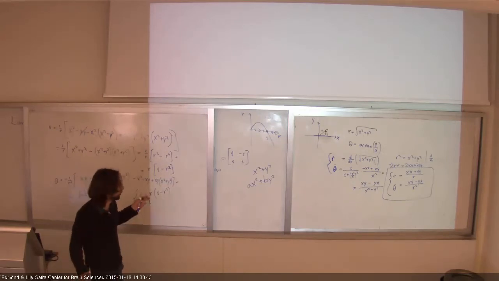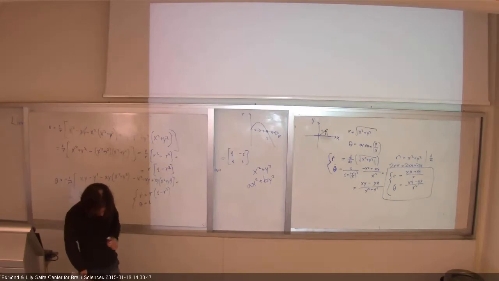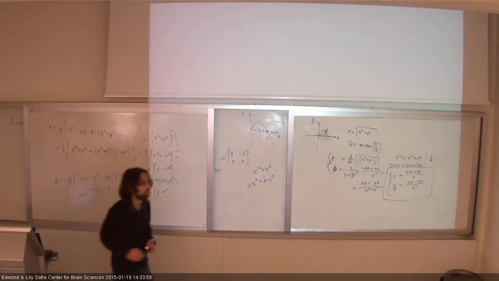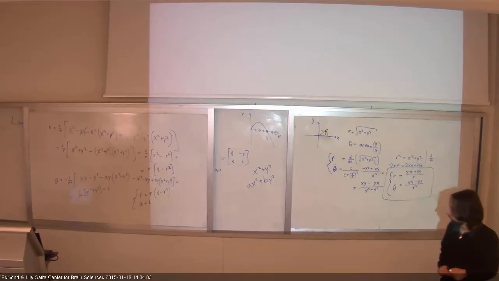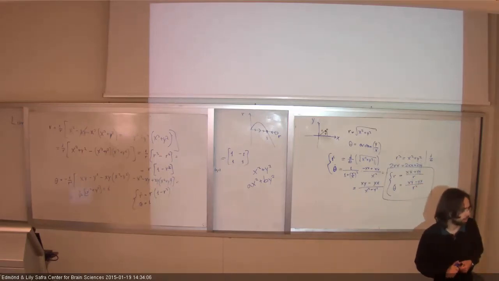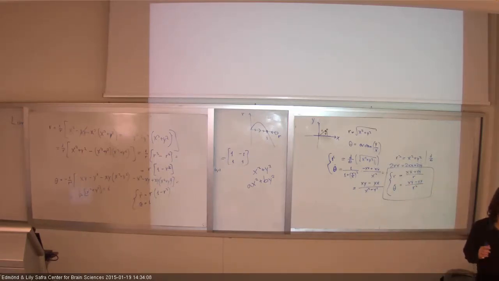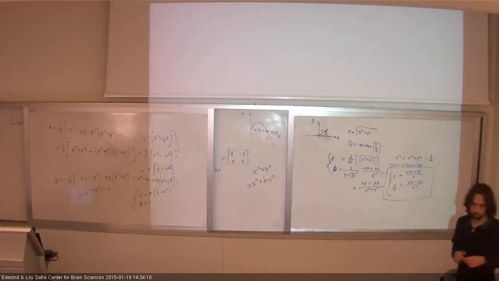But this is good for some systems. Okay, the next thing, yes? What is the meaning of theta dot equals 1? That it's not changing? No, it's changing. Theta is changing.